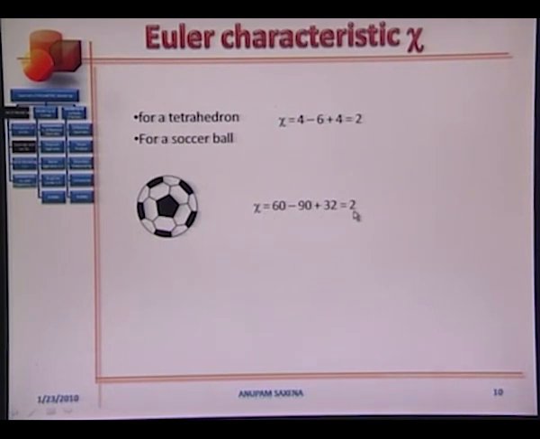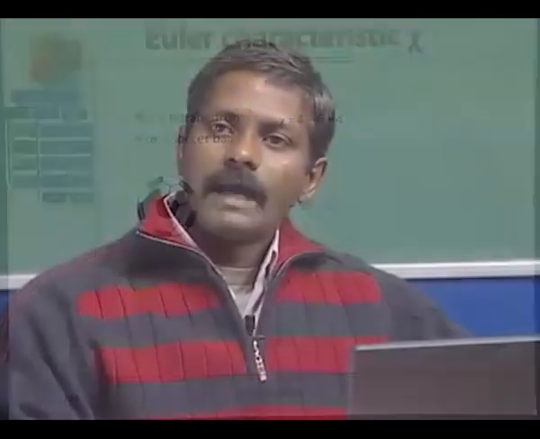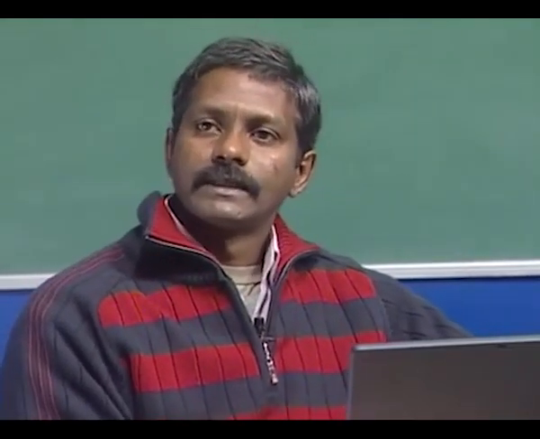Chi, therefore, is 2 for the soccer ball as well. If you notice, this soccer ball has a bunch of hexagons and a few pentagons. The question why can be answered using the concept of Euler characteristic.